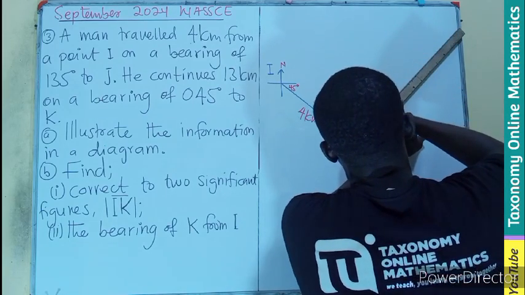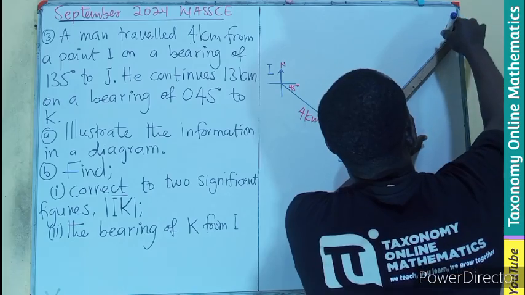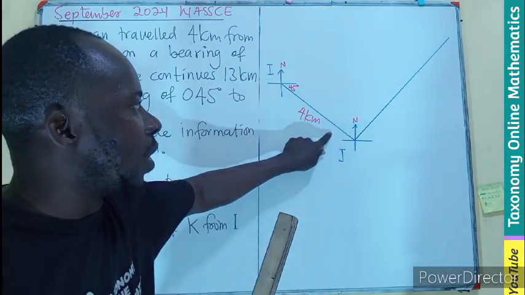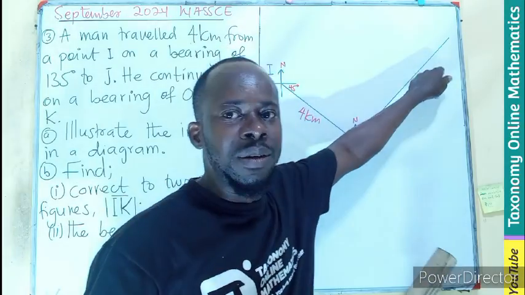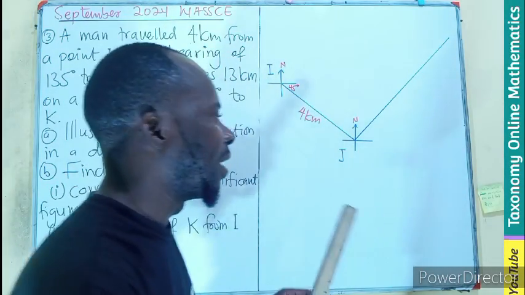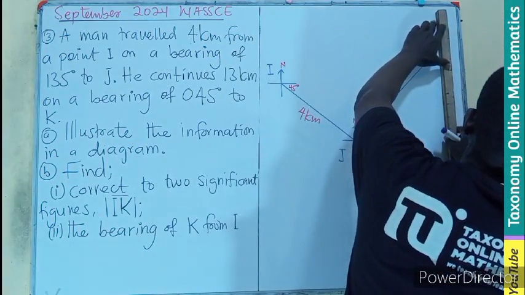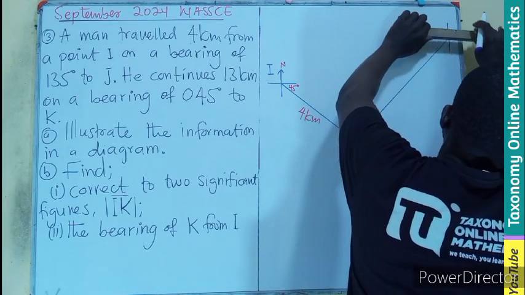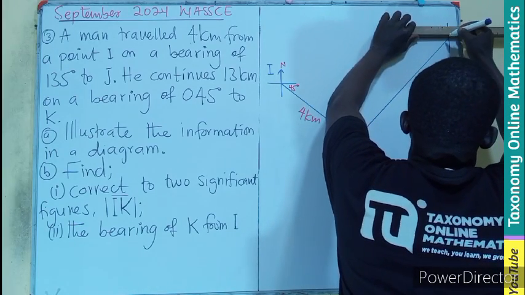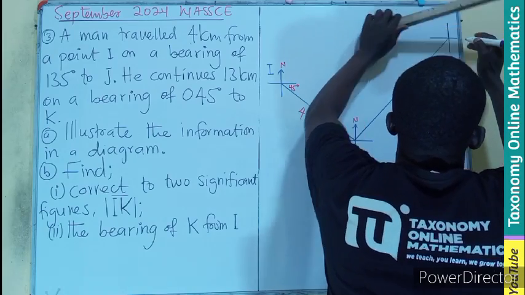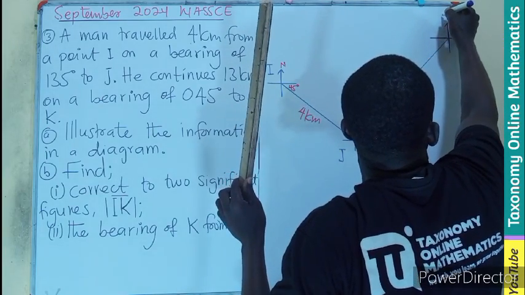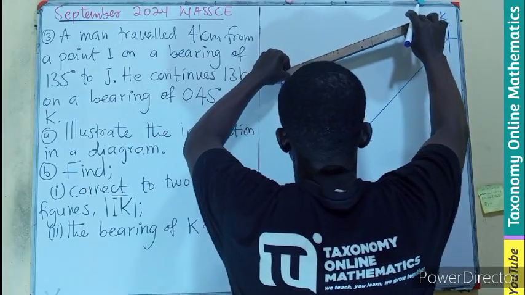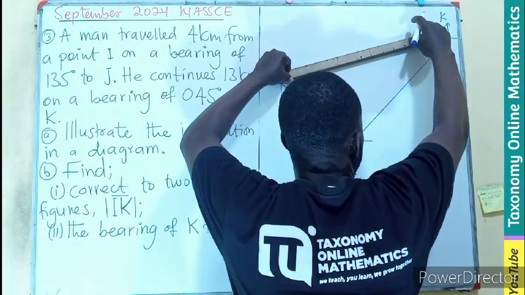So let's just have this as 45. Remember, it is not drawn to scale, but this is 4 kilometers. This is 13. So reasonably, that line will be longer. If you have enough space, you can extend it to see the proportion of 13 to 4. So this is going to be our K. Now let's join the two distances together.